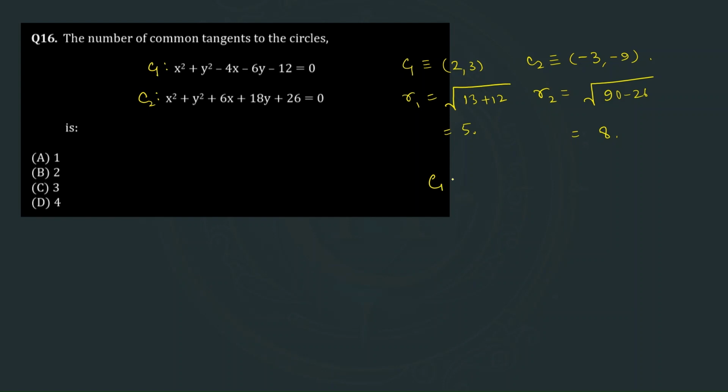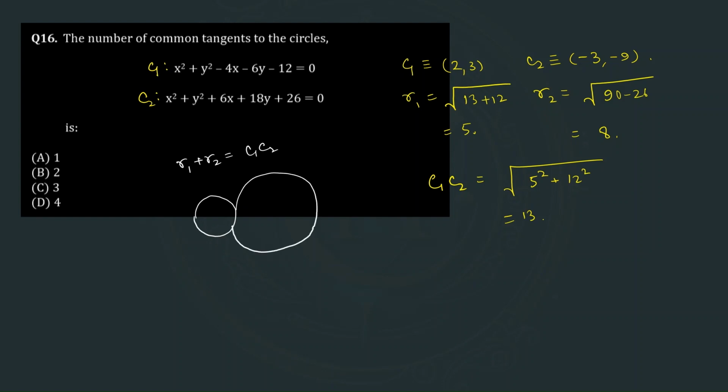Now C1 C2 distance is what? C1 C2 distance is root of 5 square plus 12 square, that is 13. That means R1 plus R2 is equal to C1 C2. That means the circle C1 and C2 touch each other externally like this.